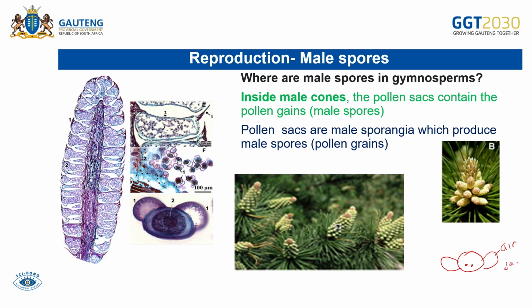These pollen grains can twirl in the wind and move down until they reach the female cones. So here is the pollen grain with your two air sacs, and inside there are two male gametes, and on the female cone there's an ovule with a female gamete.